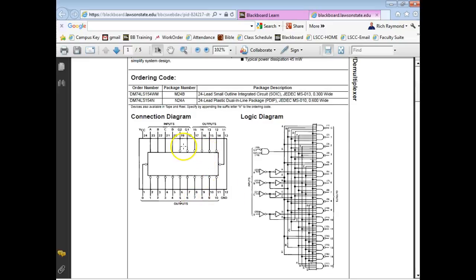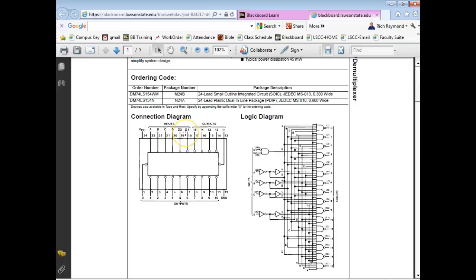Our enable pins, it's got 2 of them. I thought it had more. It's got the G1 and the G2. So to get this thing to decode, we need to bring the G1 and the G2 low.